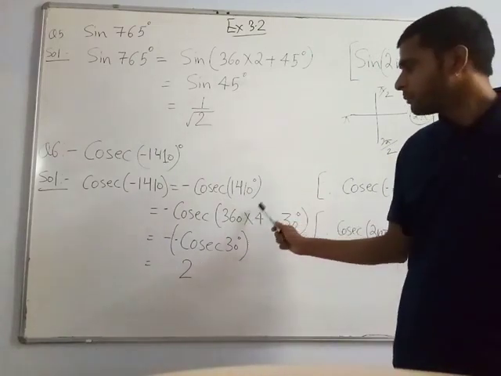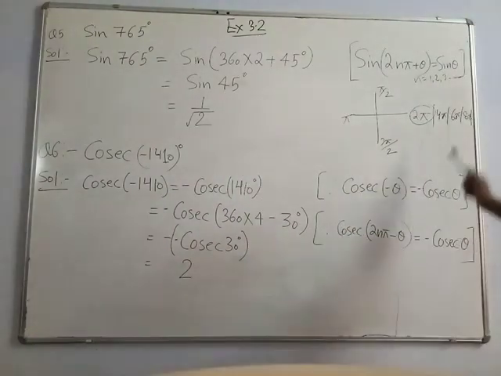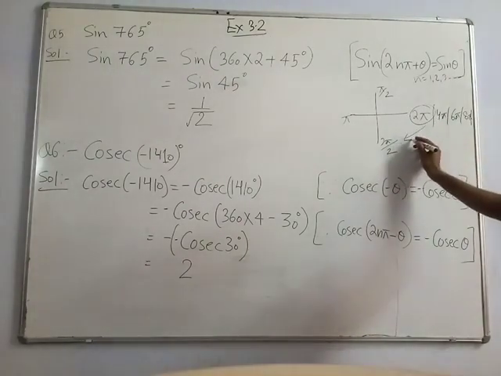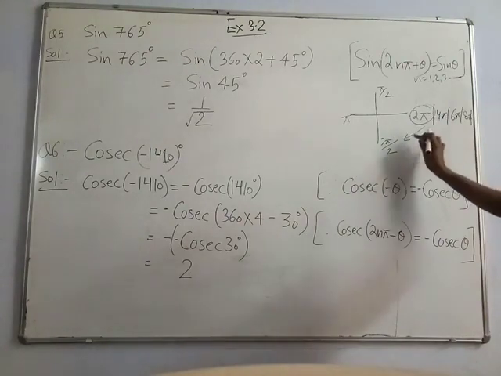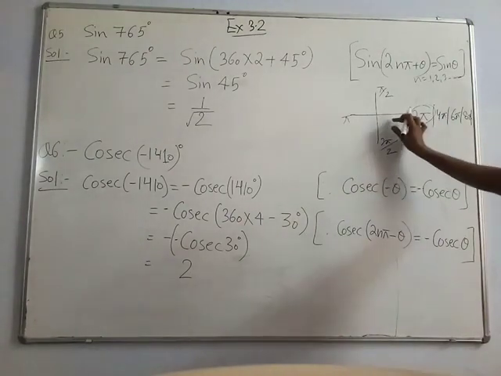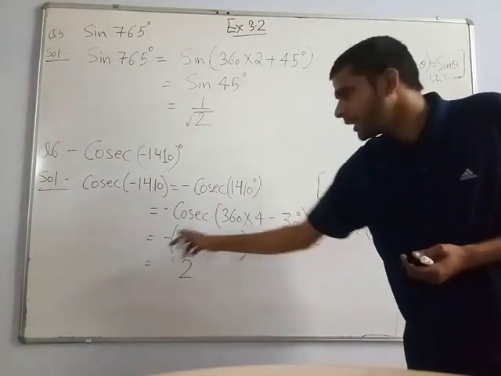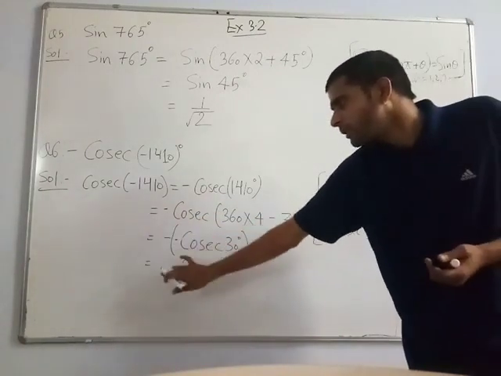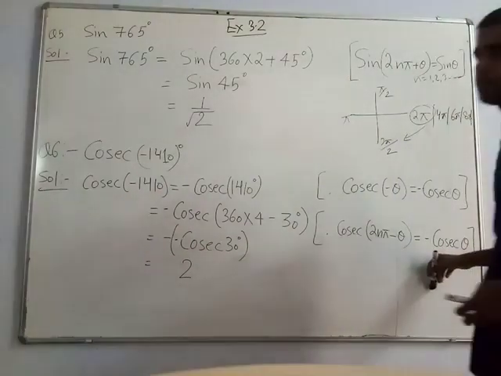So 4 pi minus theta means 2 pi minus theta, which means fourth quadrant. In the fourth quadrant cosec is negative. Only sec and cos are positive, the rest are negative. So one negative sign is there, and cosec minus 30 gives minus cosec 30. So minus times minus gives plus. The value of cosec 30 is 2.